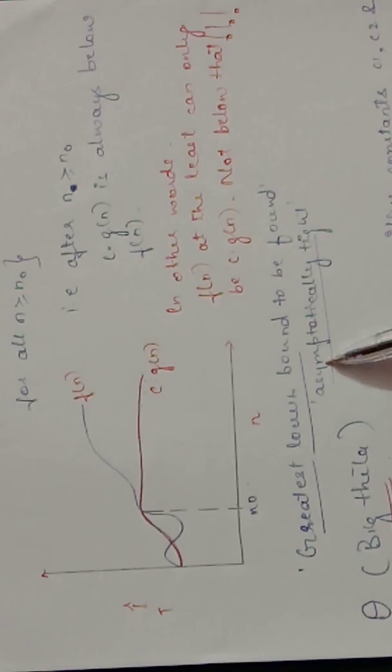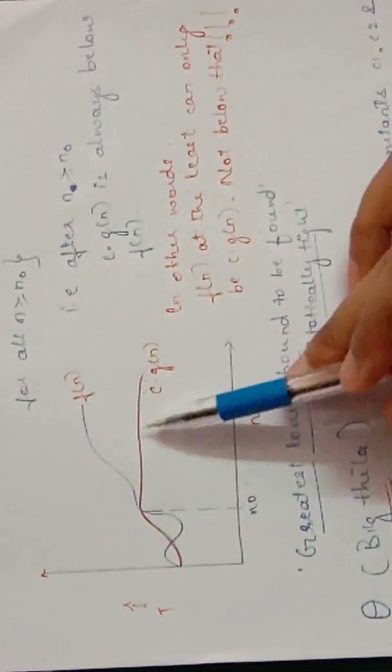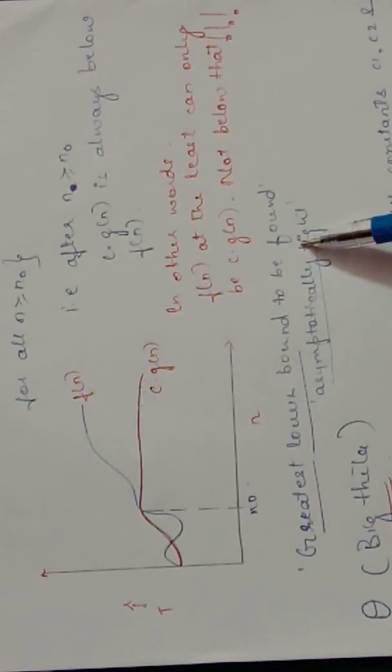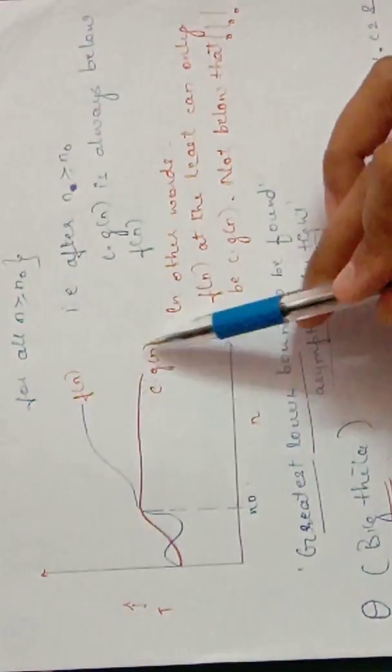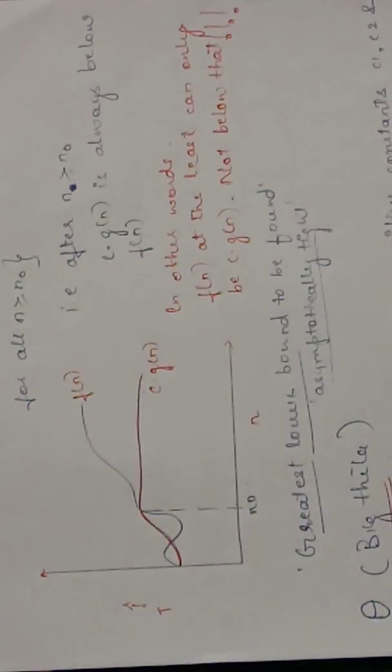So finding the greatest lower bound and the least upper bound is called asymptotically tight. So these values give you the upper bound and lower bound of your functions. As you know, big O was the worst case, big omega is the best case.